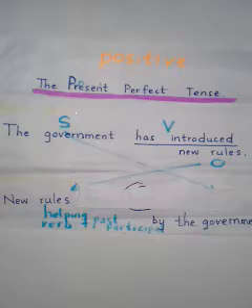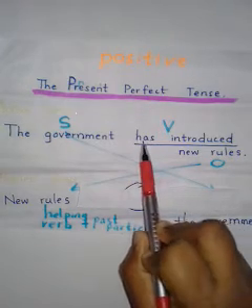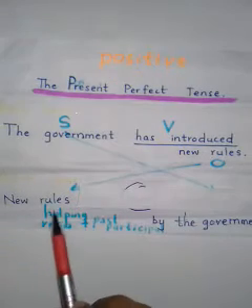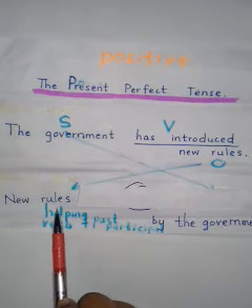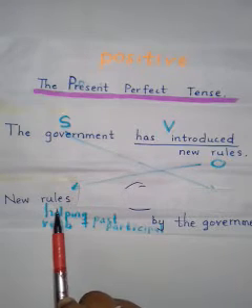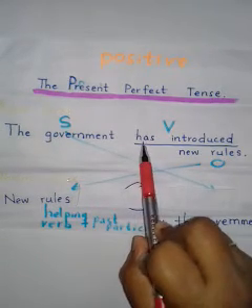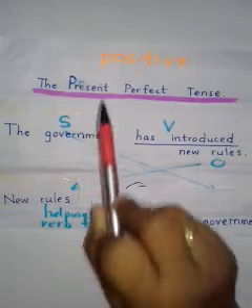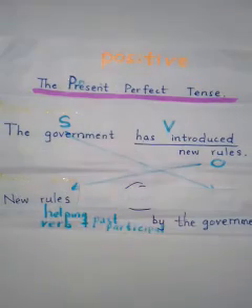We have two options: with singular has, with plural have. So new rules represent a plural noun. So the helping verb must be have. මේ helping verb එක පෙන්නන්නේ time එක present කියලා කාලය.